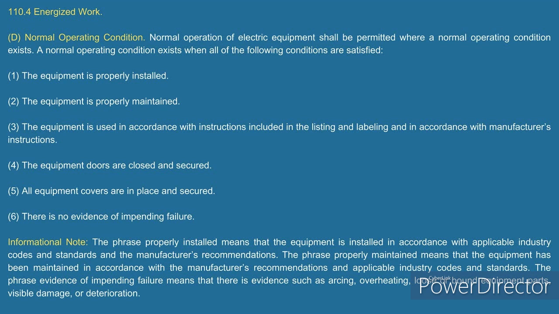I bring this up because a couple of guys who were supposed to be experts were saying that the code overrides the manufacturer's instructions. No, it doesn't. What they're telling you here is that you have applicable industry codes. So let's go to that one first. It says the equipment is installed.